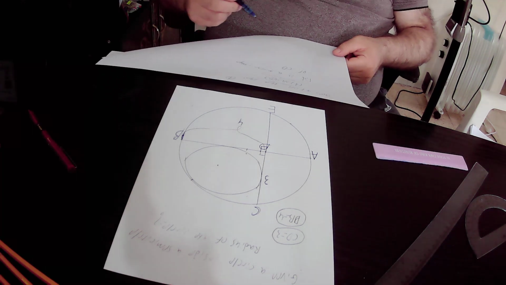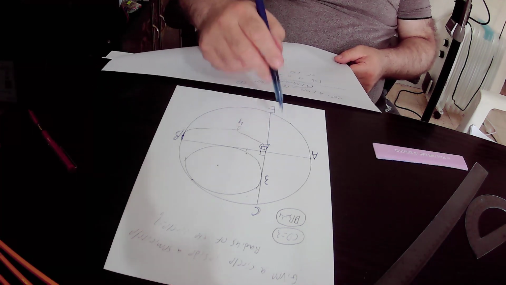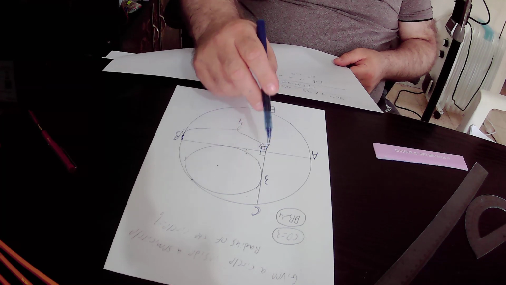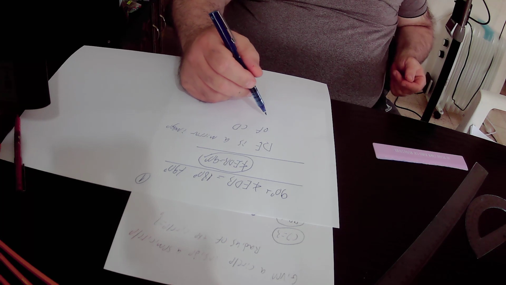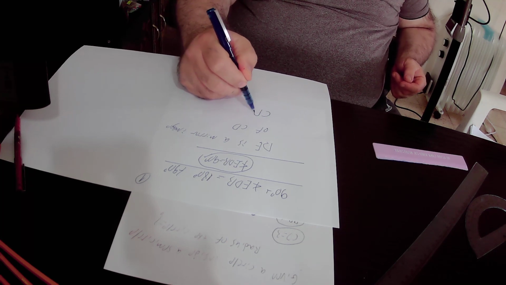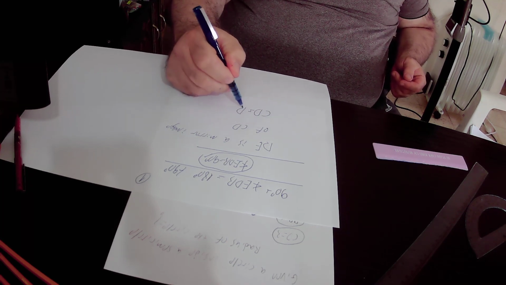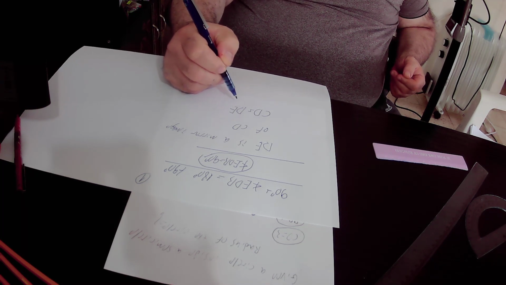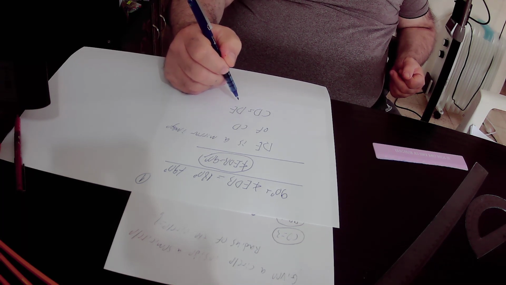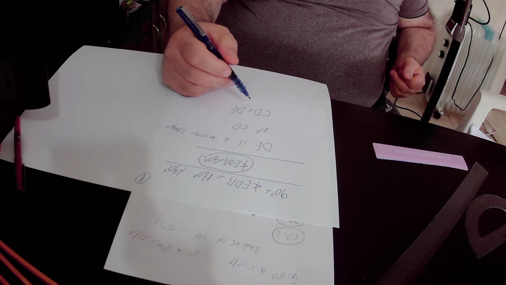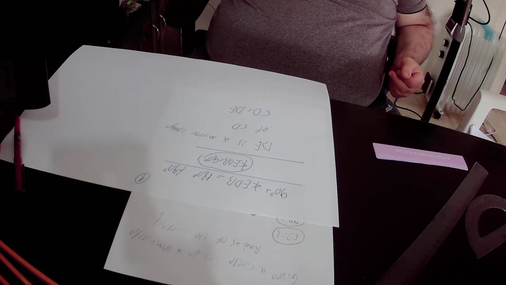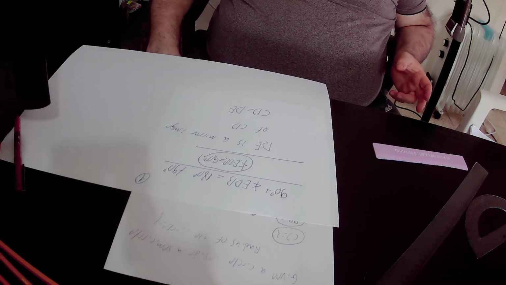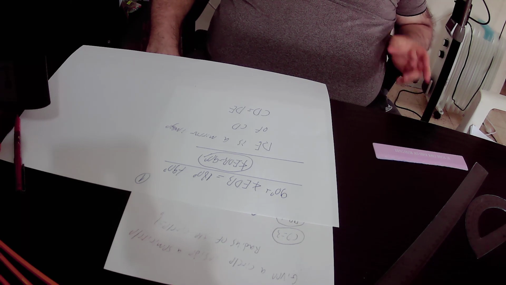Okay? And because DE is a mirror image of CD, the lengths of those two line segments must be equal to each other. That is to say, CD equals DE, because the length of the mirror image must be equal to the length of the image itself. Because when you look at the mirror, you see yourself exactly with the same dimensions that you have in reality, but on the opposite side.